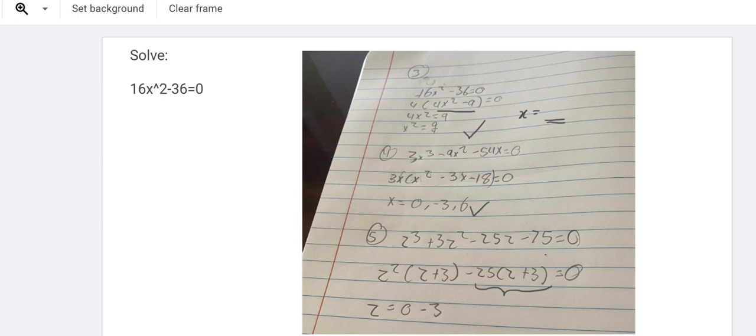So you have the answer 0, and the answer negative 3, and you should also have an answer of 5 because it can be factored as z plus 2 and then z squared minus 25. You can have z plus 3 and then z minus 5, z plus 5.